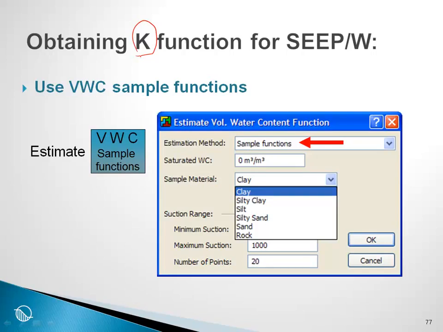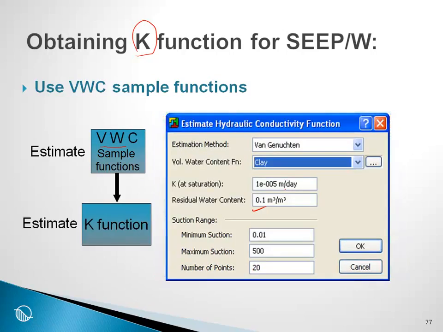And as a result, we always first estimate the volumetric water content function, and we could use a sample function, for example, and then once we have selected a volumetric water content function, then we could select and estimate the hydraulic conductivity function, as we did with our example earlier on with flow through a dam.